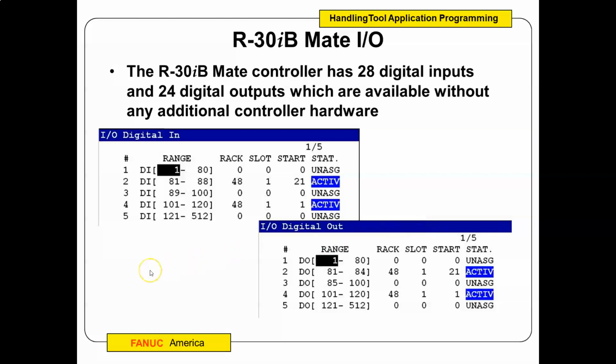Now, just going over some of the hardware on the different robots. The R300IB Mate has 28 digital inputs and 24 digital outputs available without adding anything else. They're inside the unit. And again, rack starts with rack 48 in that case.